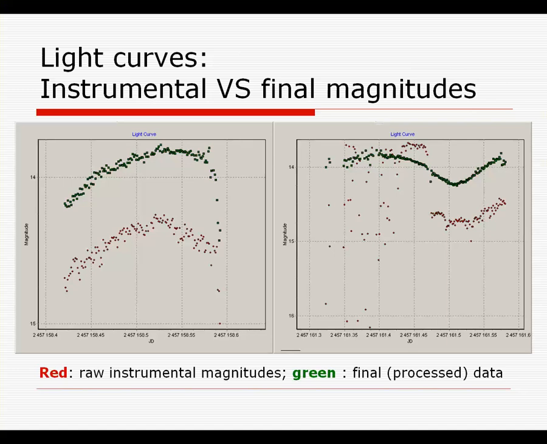The screenshot is made from this new software, and these are two parts of the same night's observations. At one time, a cloud comes, and we see that the light curve became awful. But the final processed light curve, the green one, is almost normal. So the scatter is a bit higher than on the part of the light curve where there are no clouds, but it can be used. Not the red one, but the green one.